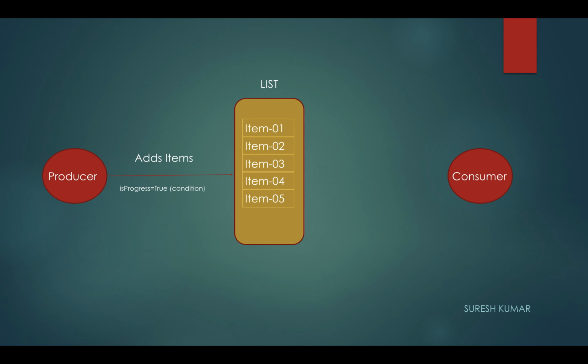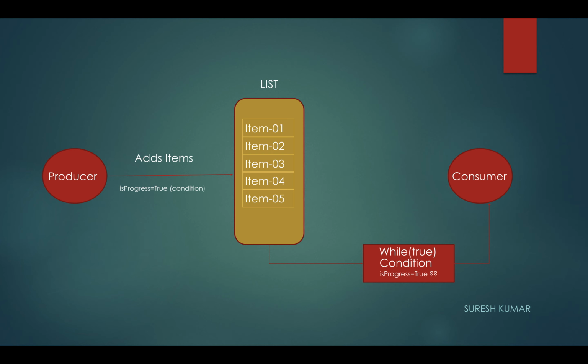Here I have one list where I'm adding the items. These items will keep on being added until I set one condition, progress equal to true. When the producer is adding to the list, the consumer will be waiting because the producer locked all the list objects, so others cannot access it.